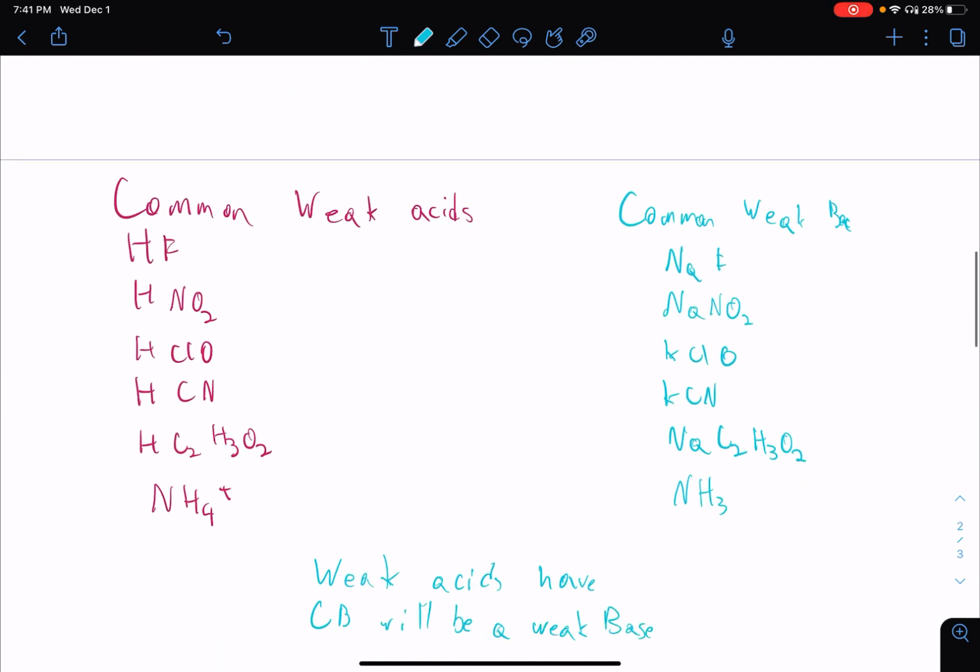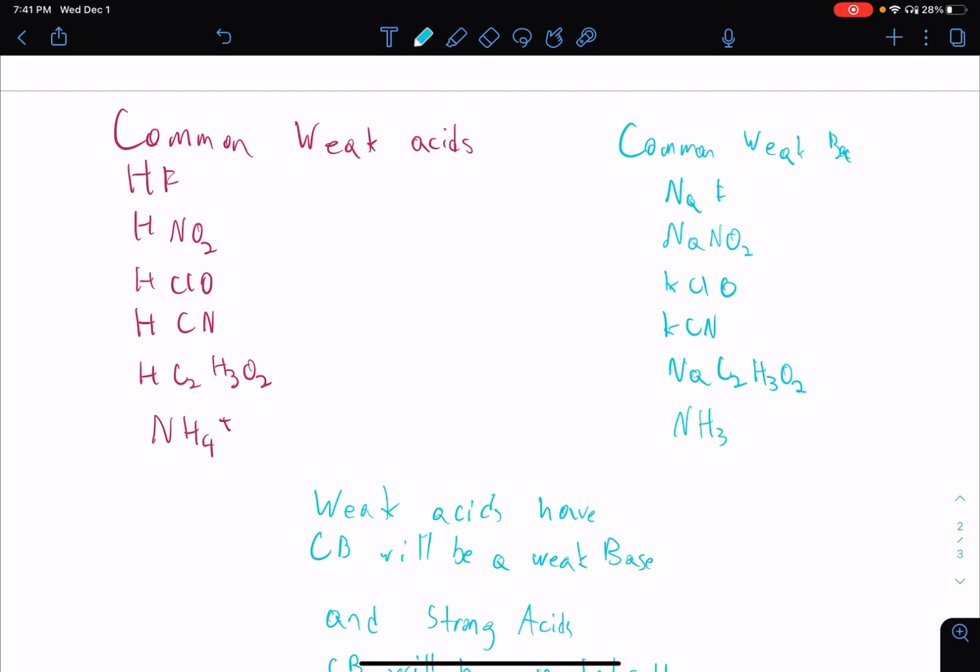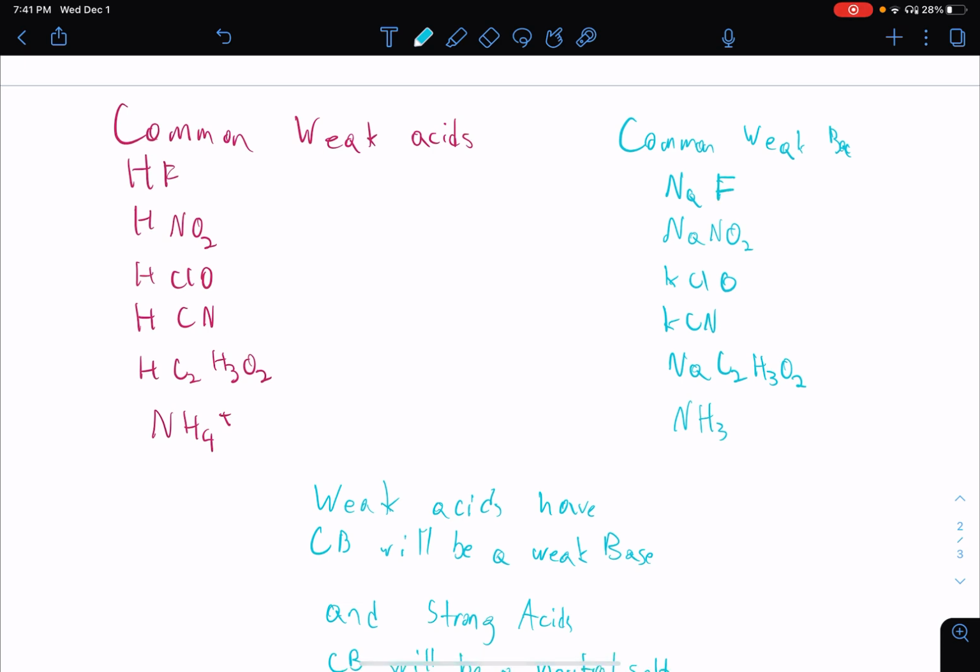And when we continue, these are a list of the common weak bases. Hydrofluoric acid, and go down the list. But if you notice, on the exact opposite side of the scale, it is pretty much one to one with what the acids and bases are. Because look, hydrofluoric acid's common weak base is sodium fluoride.